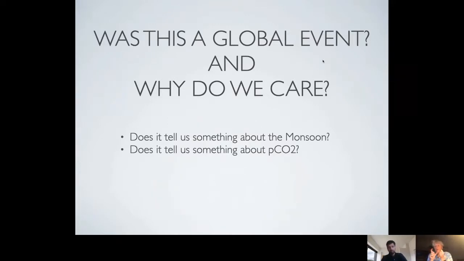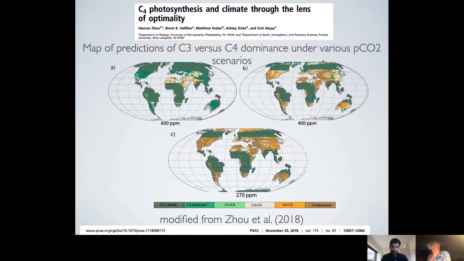These vegetation types, of course, are also sensitive to hydrology, you know, how wet things are, and temperature. But people have zoomed in on the CO2 story. And the reason, I mean, this guy, Zhou et al. in 2018 published a paper called C4 Photosynthesis and Climate Through the Lens of Optimality.